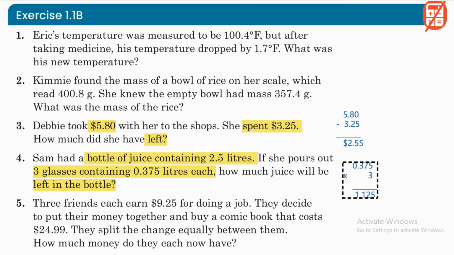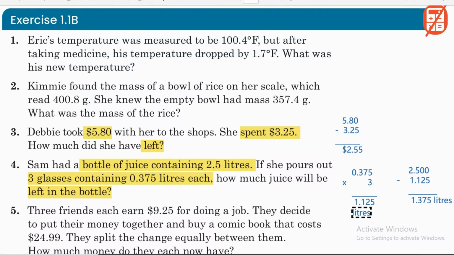So first step done, you have to multiply 0.375 by 3 and we get 1.125 liters. And then we have to subtract it from 2.5. You can see that we have put two zeros with 2.5, and this is the answer we got: 1.375 liters are left. 1.375 liters is the answer.